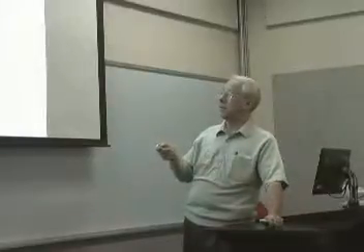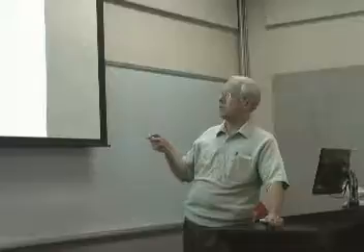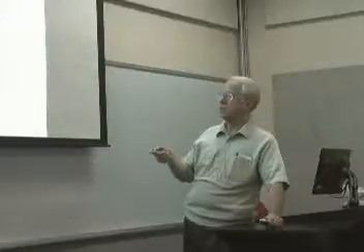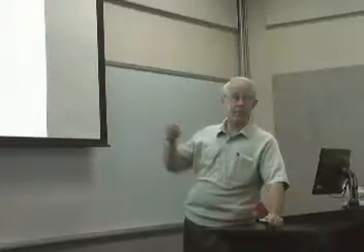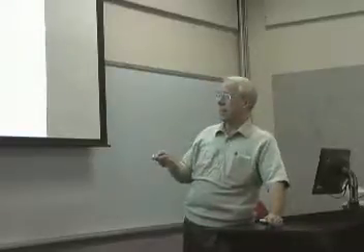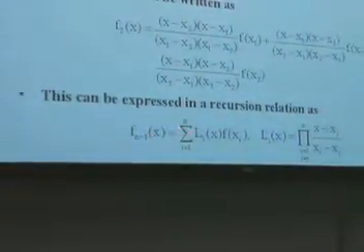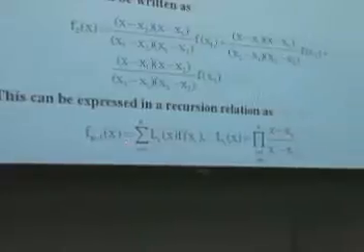Likewise, f2 of x, if I wanted to go higher, what would I do? Here's this expression, here's this expression, here's this expression. See the pattern if I had more points involved? That can be expressed in this recursion expression right here, a summation.